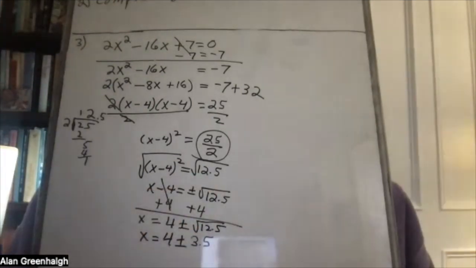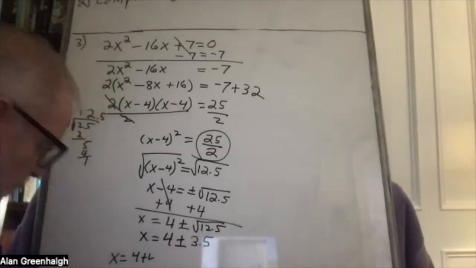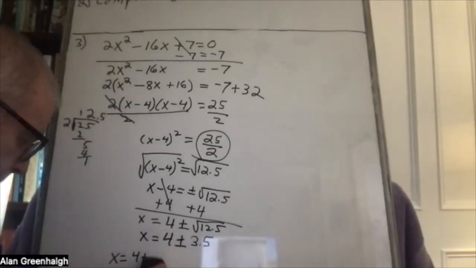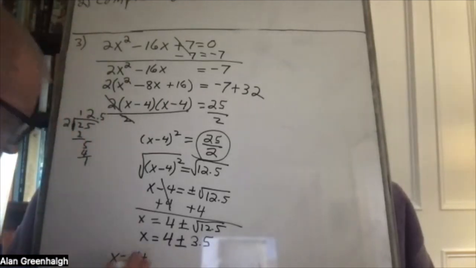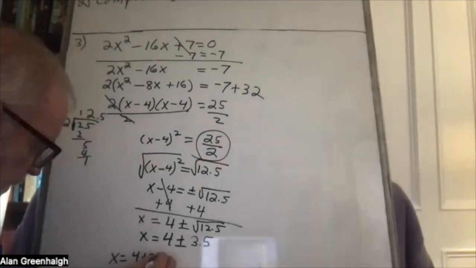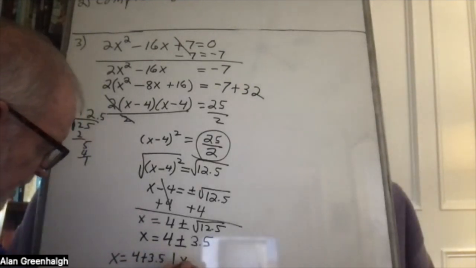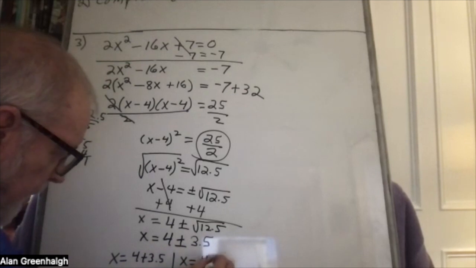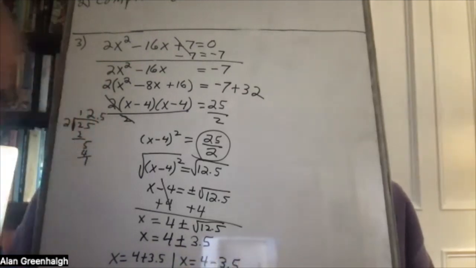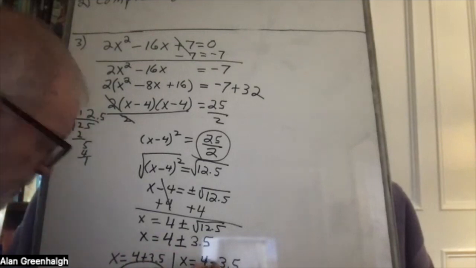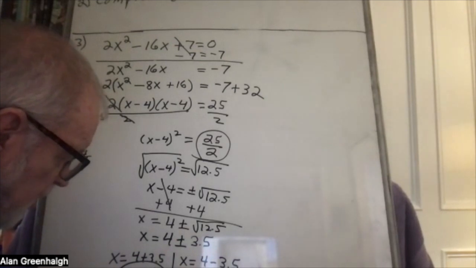So 3.5 makes sense. So x equals 4 plus 3.5, and x equals 4 minus 3.5. 7.5 over here, and x equals 0.5 over here.